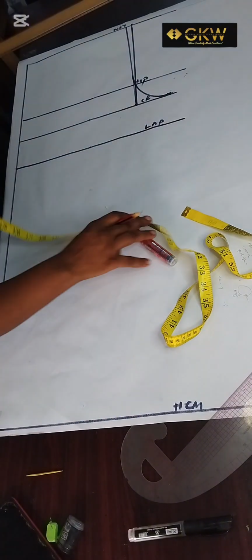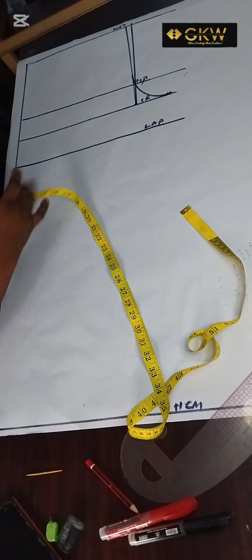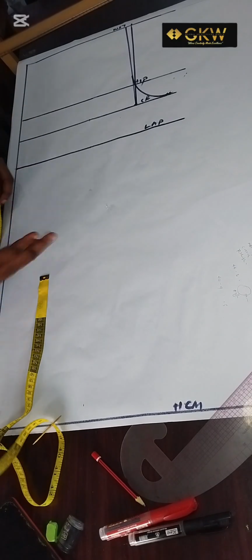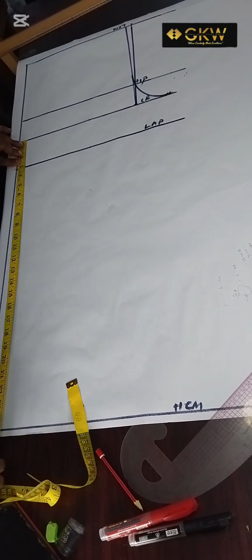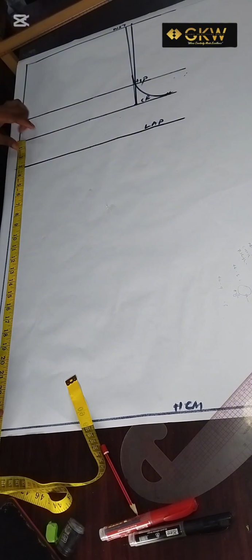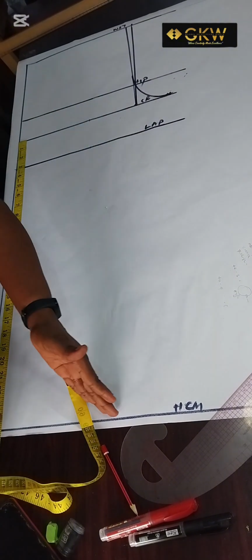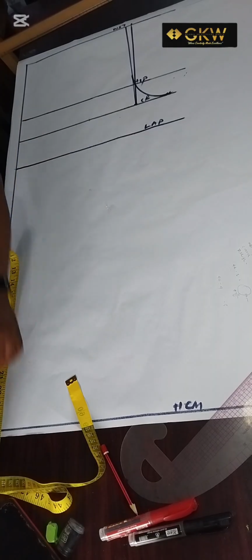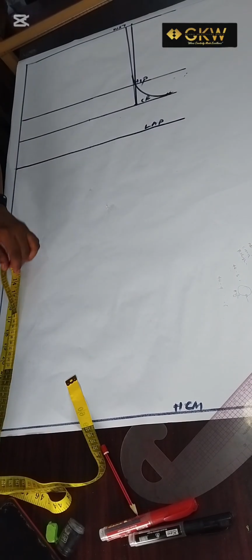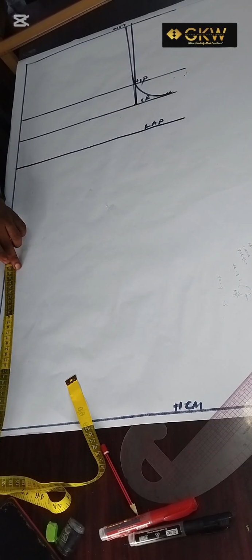Now I've forgotten to take my knee line. So how do I get my knee line? I'll come here and I will measure all the way to the end of the trouser, and I'll divide it by 2. So from the crotch line to the end of my trouser, the full length of the trouser, I'll be dividing it by 2, looking for the midpoint. Once I get the midpoint, I will mark it down.